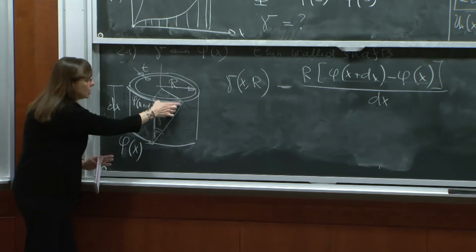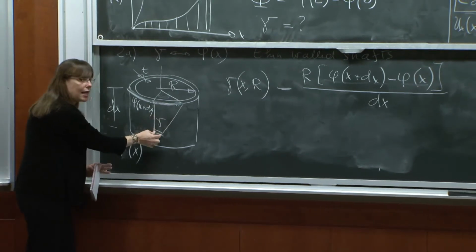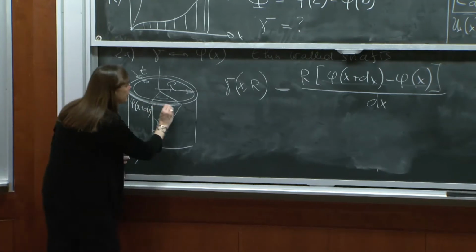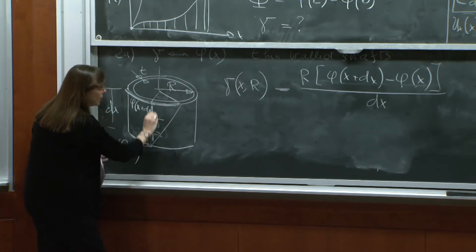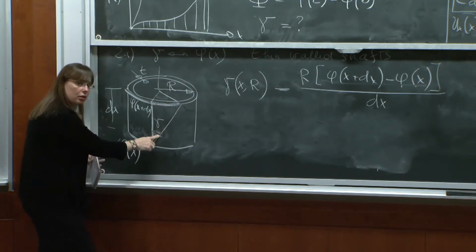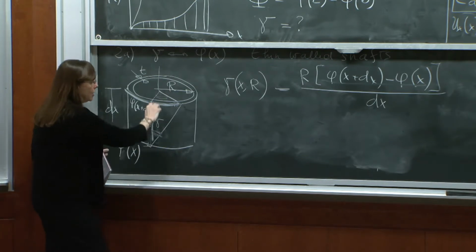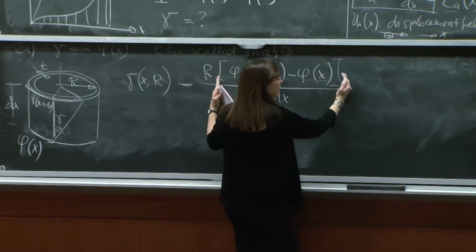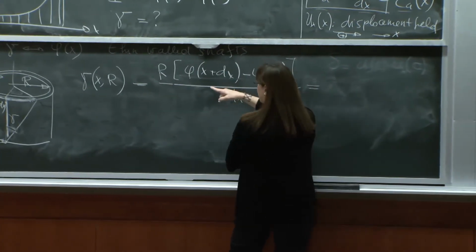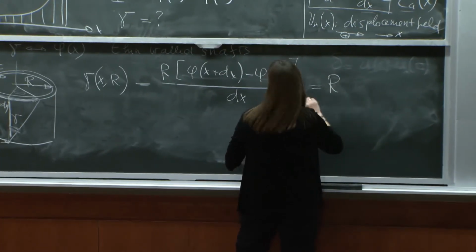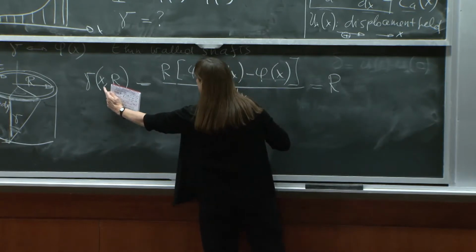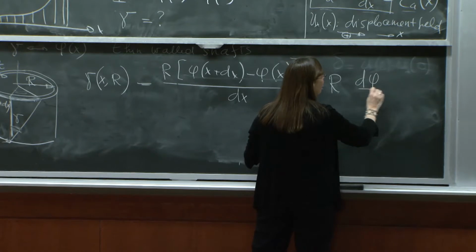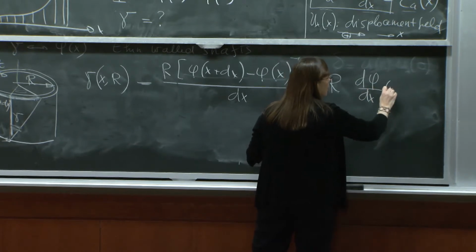This divided by this gives me this angle. This length divided by this length gives me the angle. And this length is that part there. So this thing is the d phi dx. So this means that gamma at radius r, position x, is equal to r times d phi/dx at x.